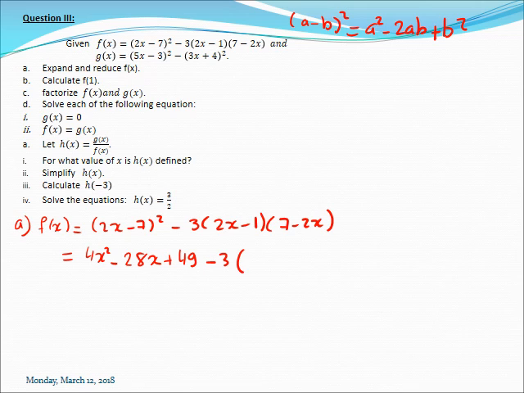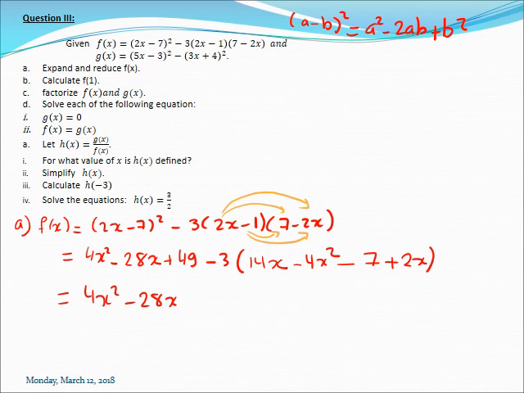Now 2x multiplied by 7, 2x multiplied by minus 2x, minus 1 multiplied by 7, minus 1 multiplied by minus 2x. 2x times 7, 14x, 2x times minus 2x, minus 4x square, minus 1 times 7, minus 7, minus 1 times minus 2x, plus 2x, equal 4x square minus 28x plus 49 minus.